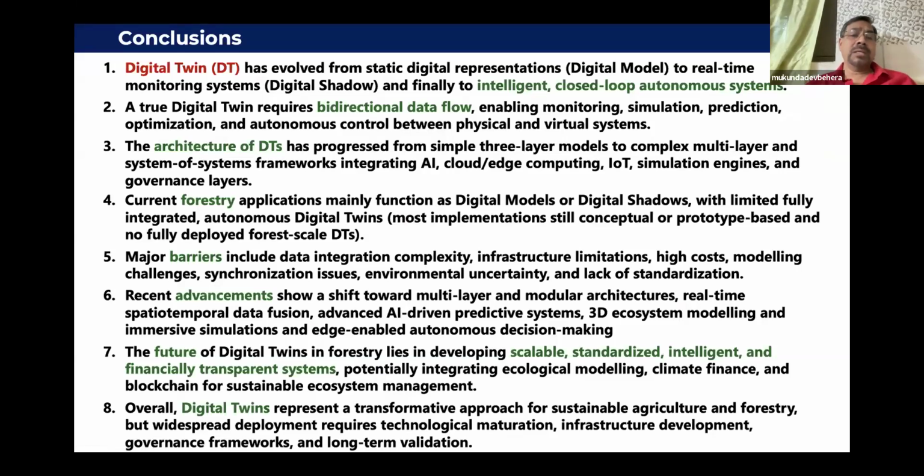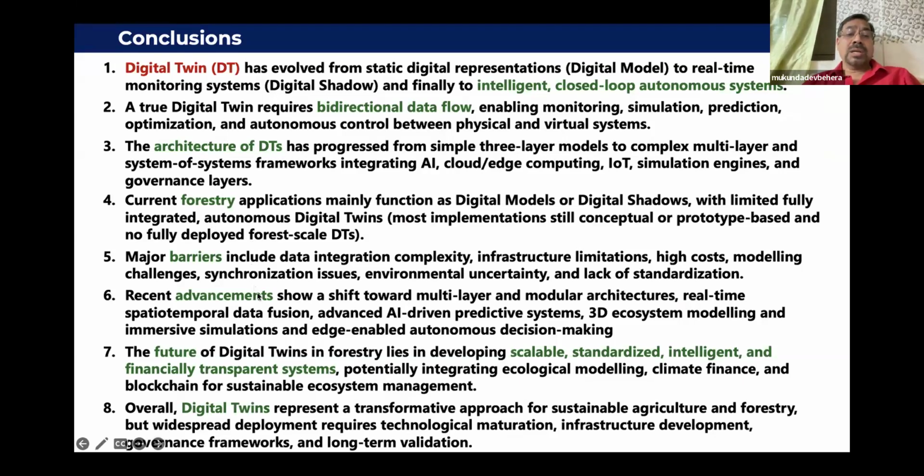to conclude this part, digital twin has evolved from static digital representations in terms of digital models to real-time monitoring systems, you say digital shadow, and finally to intelligent closed loop autonomous system. A true digital twin requires bidirectional data flow, in turn enabling monitoring, simulation, prediction, optimization, and autonomous control between physical and virtual systems.